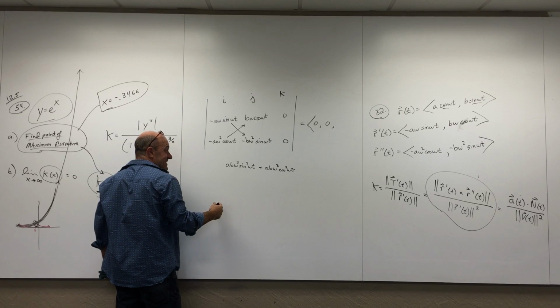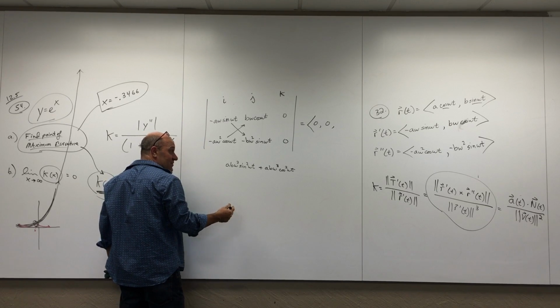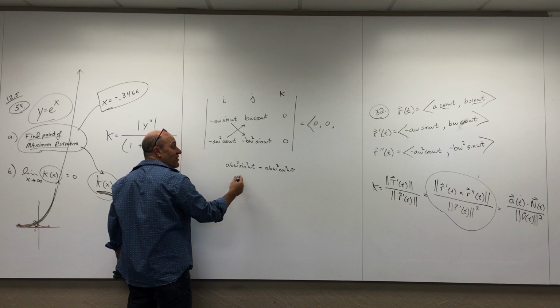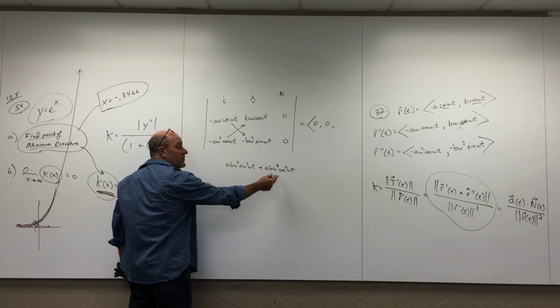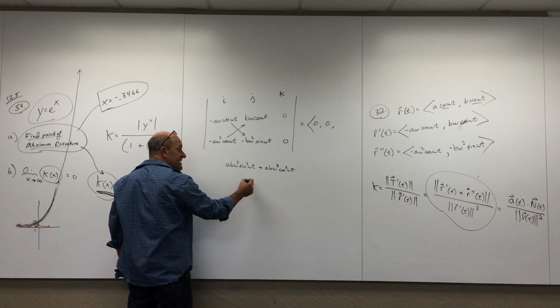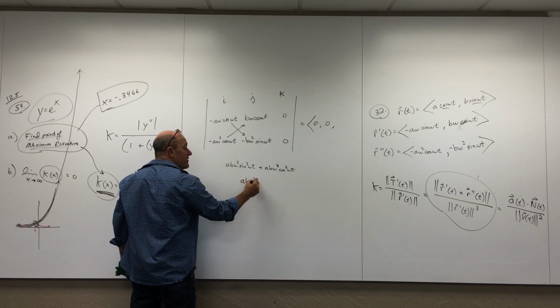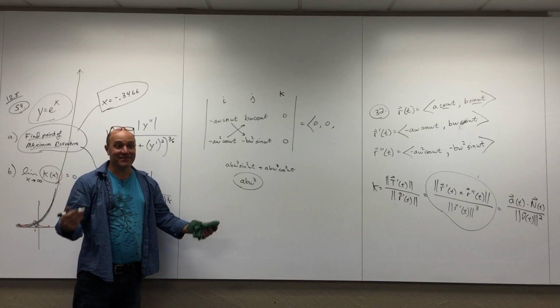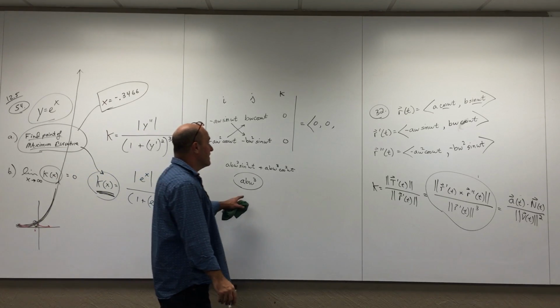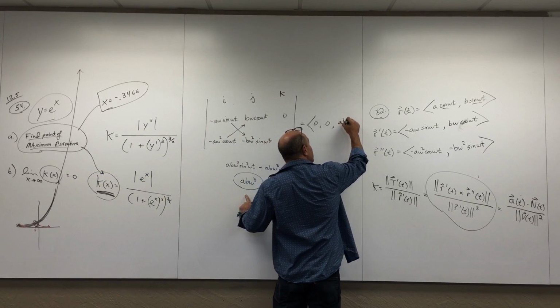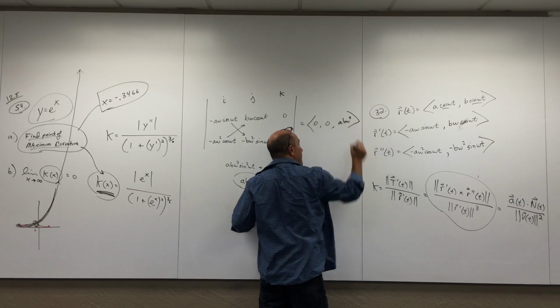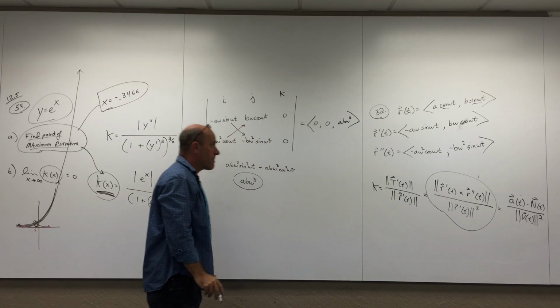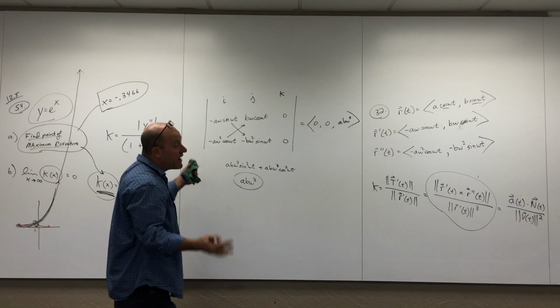A staggering identity when you factor out the AB omega cubed, and you're left with sine squared plus cosine squared, which is 1. So this is AB omega cubed. Wow. That is the fun of doing it in general. It works out. That's my cross product.